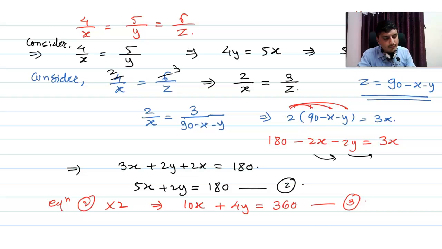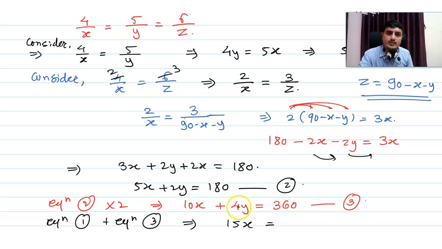Now once we add equations 1 and 3, we eliminate the y variable. Adding equation 1 and equation 3, we get 10x plus 5x becomes 15x equals, now minus 4y plus 4y cancel and give us 0, 360 plus 0 is 360.